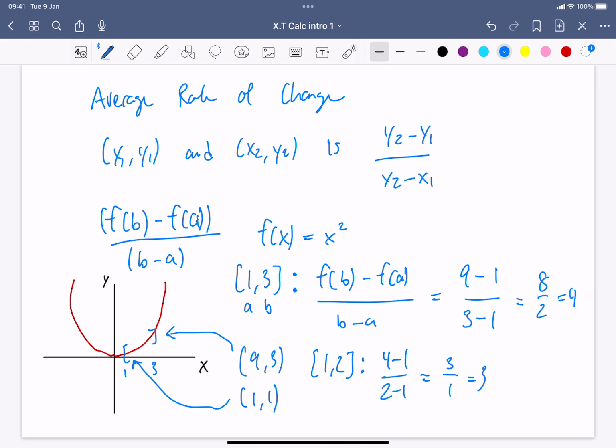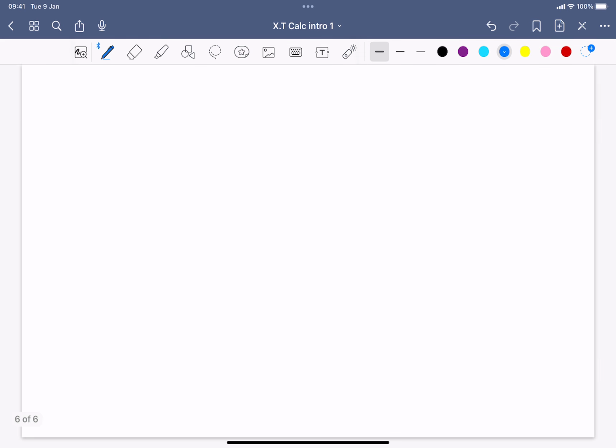I wanted to quickly go over why I am emphasizing shrinking the distance between a and b. Why am I fixated on that change in x?